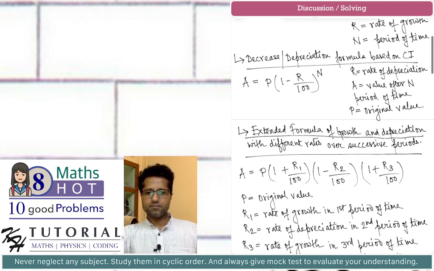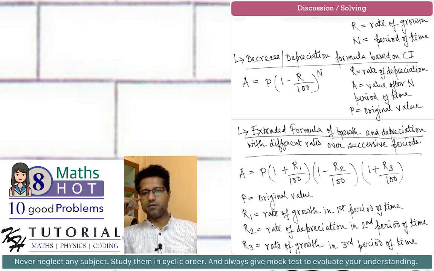For example, let's say the nature of growth or depreciation of a certain quantity is that in the first period. Now by first period I mean this period could be 1 year or it could be an hour.